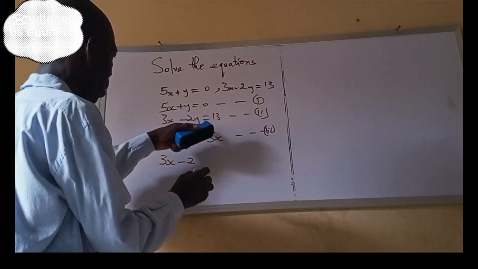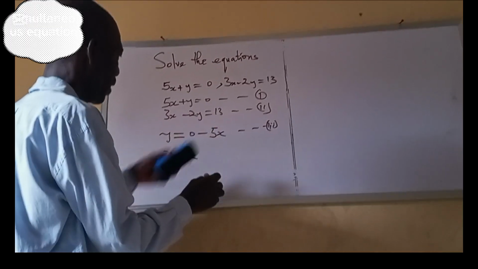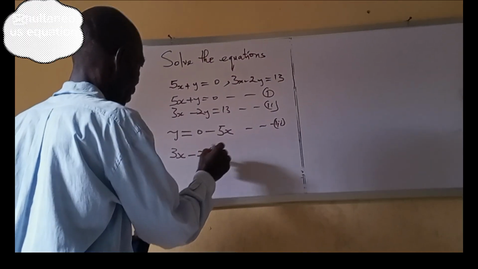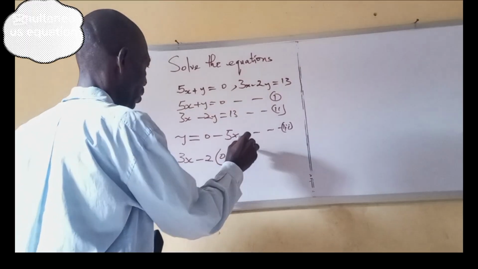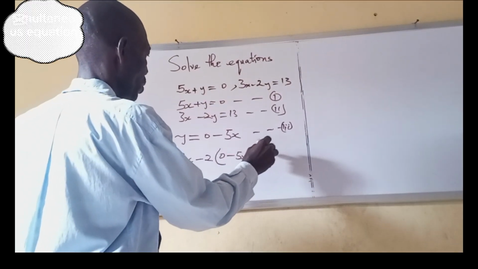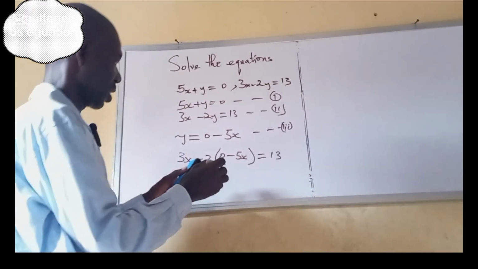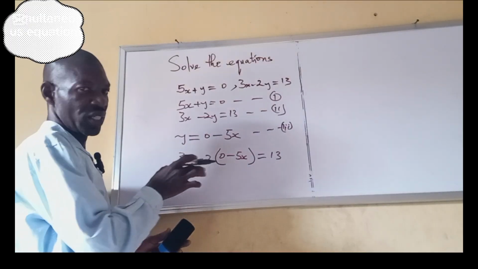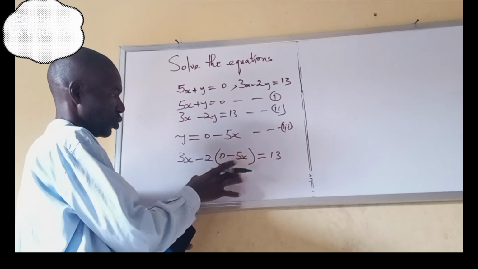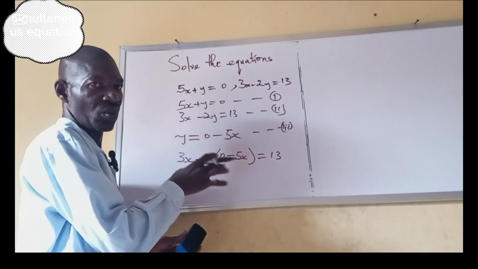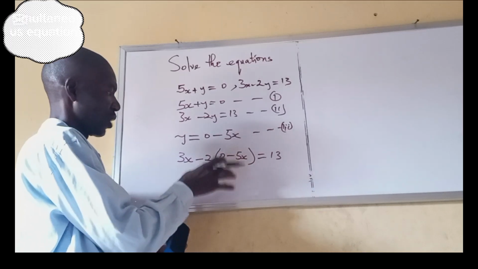Our y here is 0 minus 5x, so we bracket it: 3x minus 2 times (0 minus 5x) is equal to 13. I want you to listen very carefully so that at the end of the tutorial, you'll be able to solve any simultaneous equation correctly.